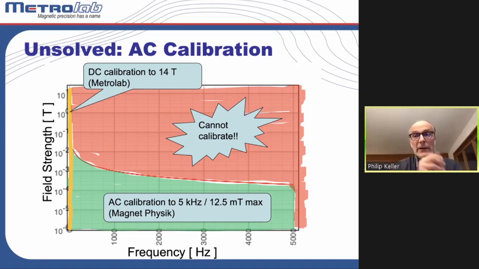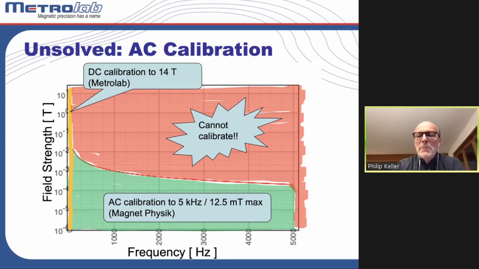Well, you can, but you don't necessarily know what you're measuring, because as soon as you get up here into this red zone, it's no longer calibrated. So you don't know what you're getting, and what's worse, we don't know what we're giving you as instrument manufacturers. As you can see, we can calibrate along the DC axis pretty well. I think Metrolab is the champion there. We regularly calibrate up to 14 Tesla.